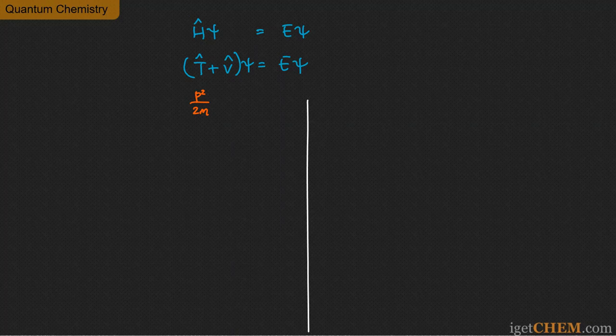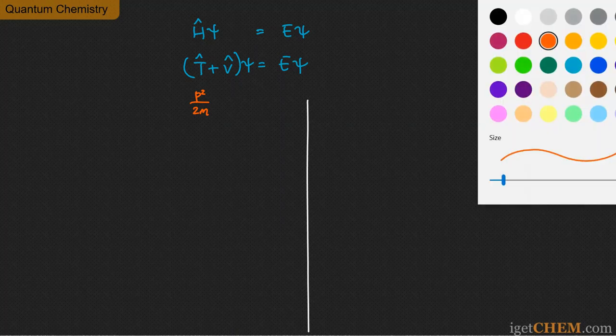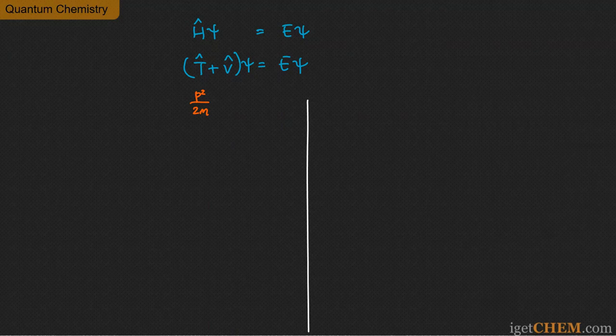So p is in the x dimension, which is the only dimension in the system. And for the harmonic oscillator, this potential energy operator is just a form of the potential energy, which for the harmonic oscillator is 1/2 m omega squared x squared.